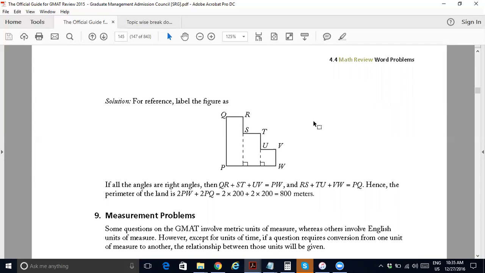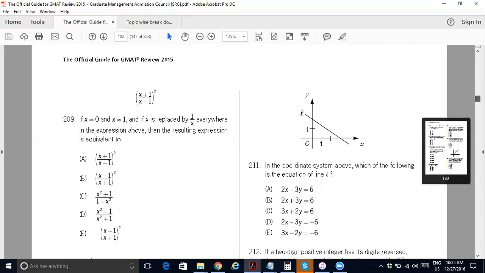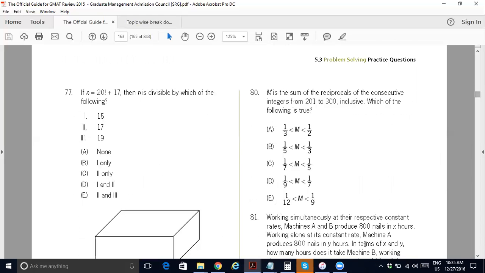Yeah, question 80 PS. I just want to confirm the method that I'm thinking of in this. It's the sum of all numbers between. So I should think that the smallest, if you take all of them to be 1 over 300, then 10 into 1 over 300 will give you 1 by 3 as one extreme.